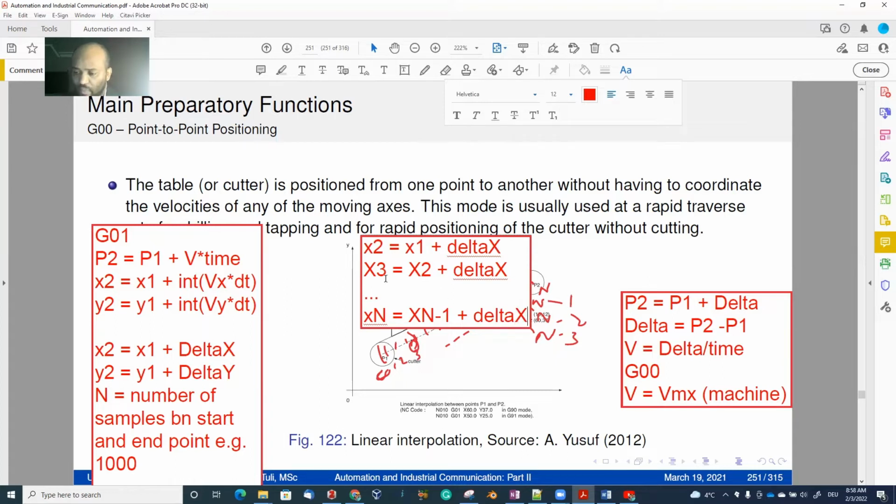Now, could you imagine a different way of writing this? I could imagine X of n equals X1 plus something delta.